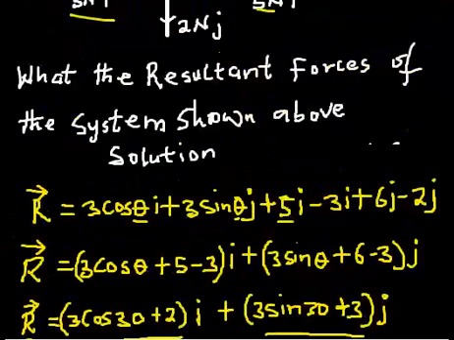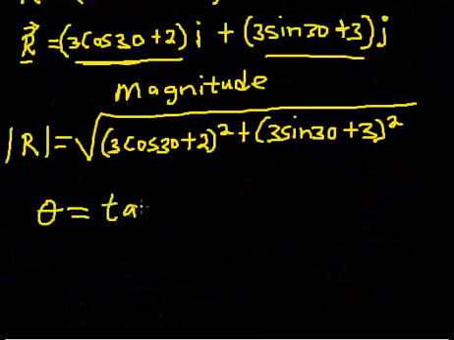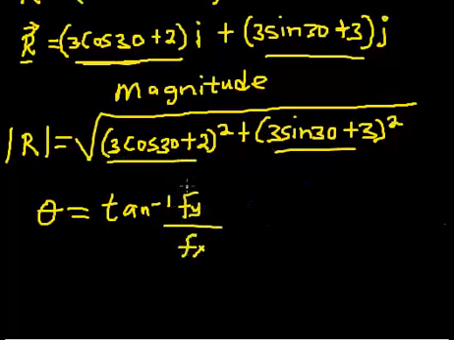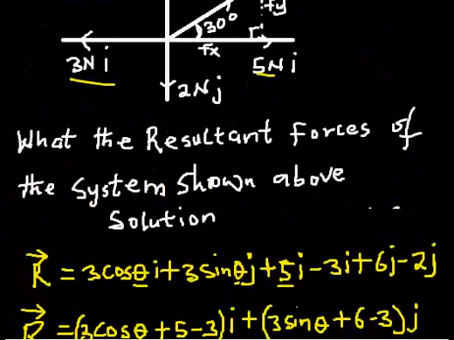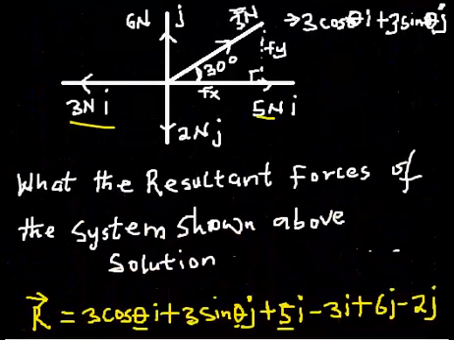And of course, if you want to get theta, the direction, that's going to be tan inverse of the vertical over the horizontal. So that's just tan inverse of f of y all over f of x. So it's a very simple way of evaluating the resultant of vectors.